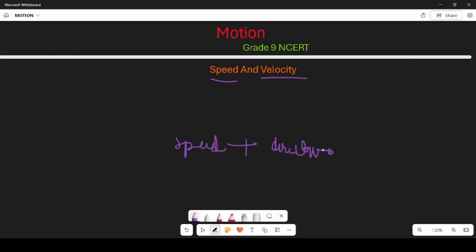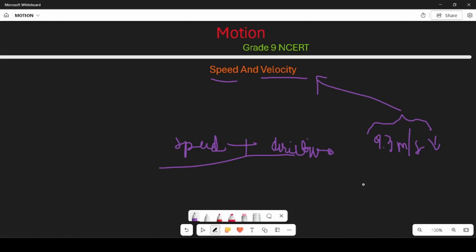A common example for velocity would be gravity. Let's say 9.8 meters per second in the downward direction. So this is velocity, speed with direction.